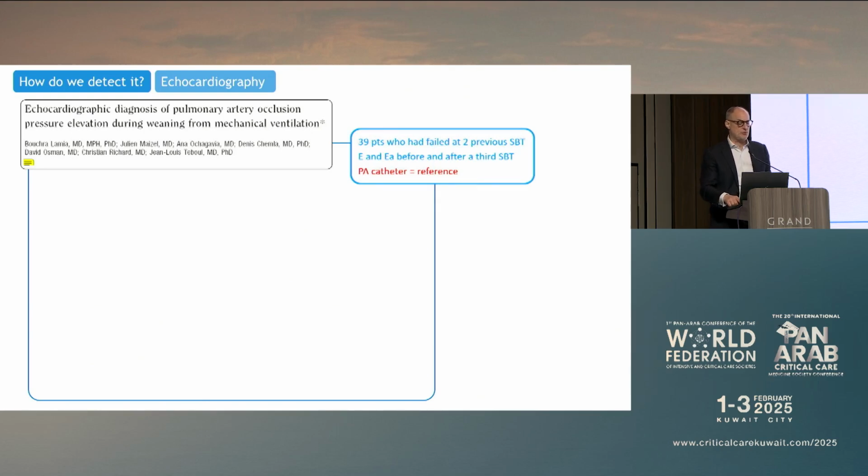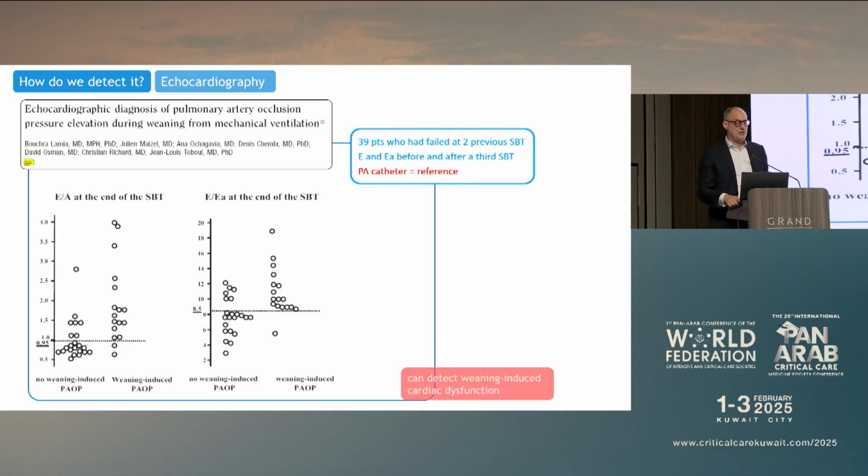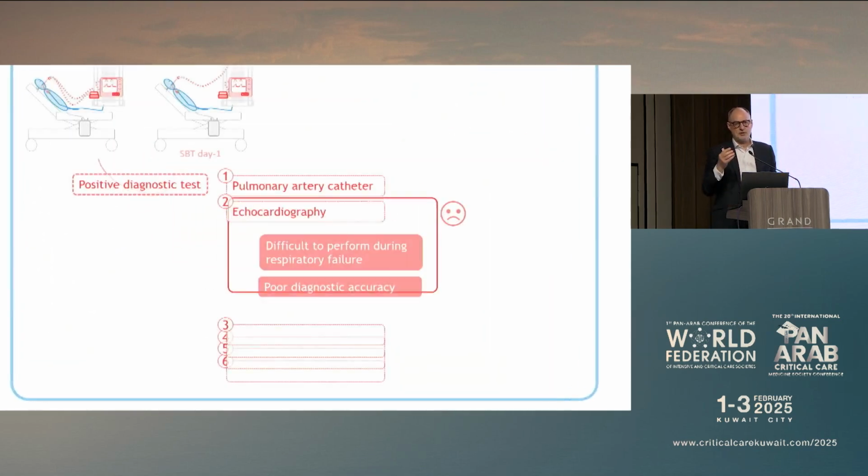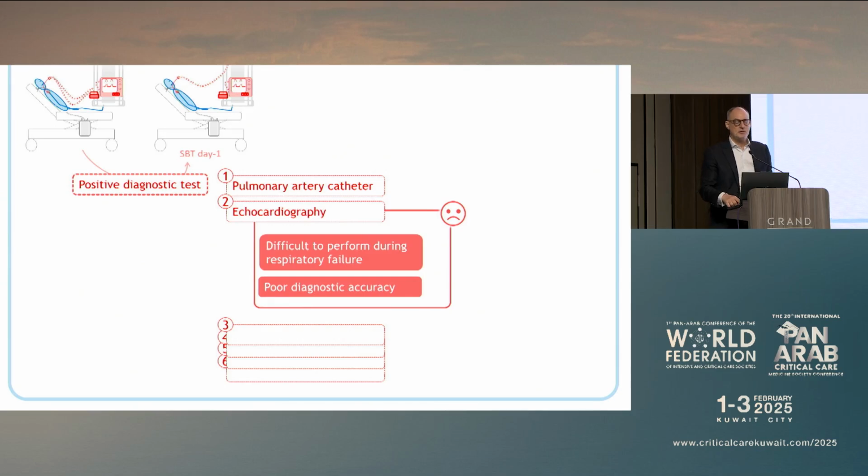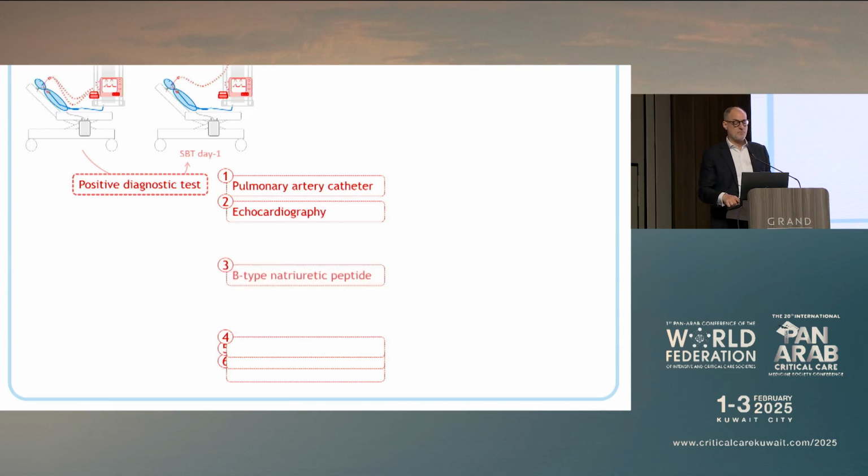In that study with Bouchra Lamia, Jean-Louis Teboul, and others, we showed that indeed the E/A ratio was not able to diagnose weaning-induced pulmonary edema, and the E/E prime ratio performed better, but not ideally, perhaps again because it's difficult to perform precise echo measurements in these conditions.